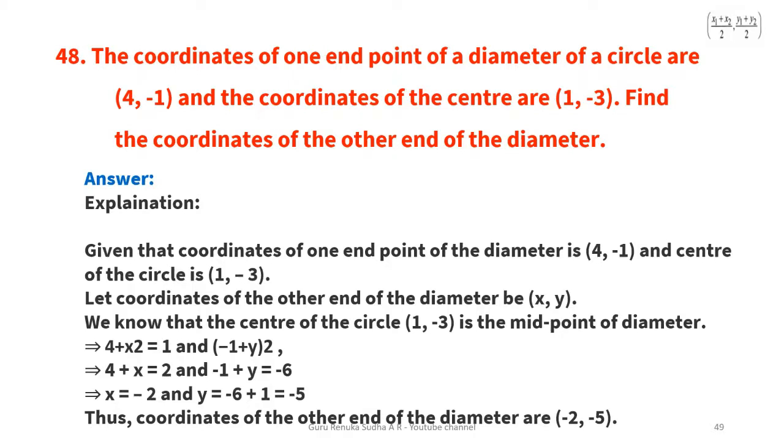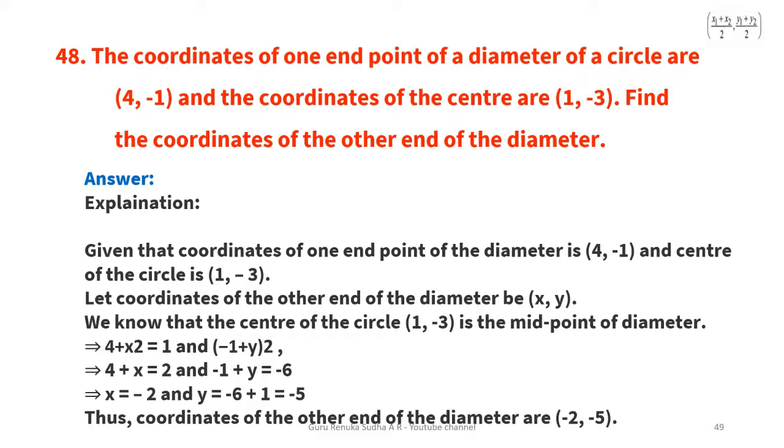Draw one line, the first point is (4, -1), and the midpoint is (1, -3). The other point you have to calculate by using the midpoint formula. Then you can easily get the answer. Roughly you have to draw the diagram, then you will get the idea. It helps you understand in a better way, and you can apply the midpoint formula and easily calculate that.